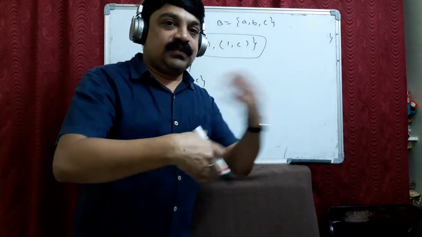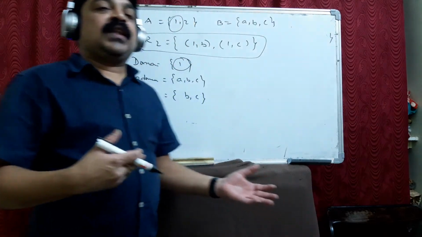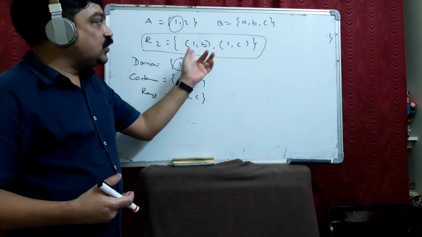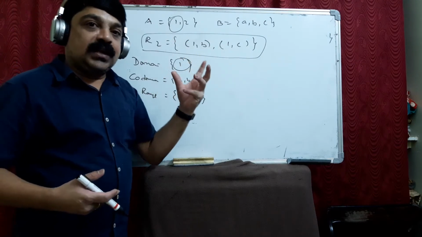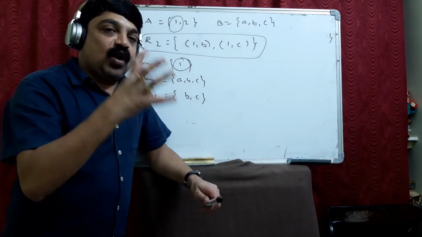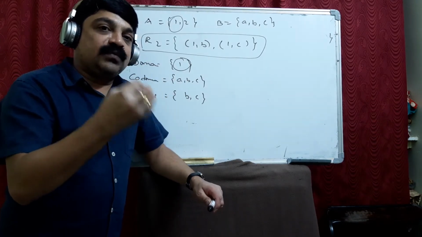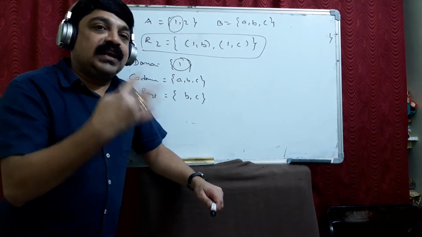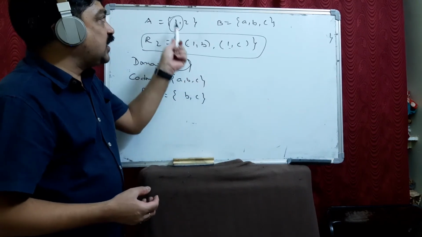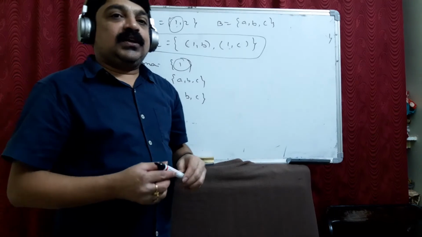The function definition we will get in the next exercise. For which this relation is defined. This relation is defined only with 1 as the first element. So the set of all elements of A for which the relation is defined is the domain.